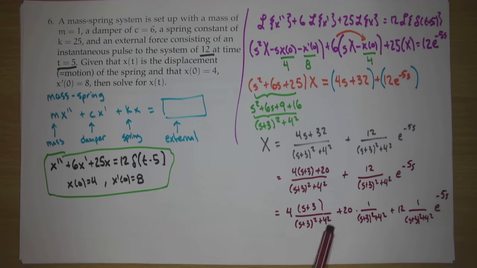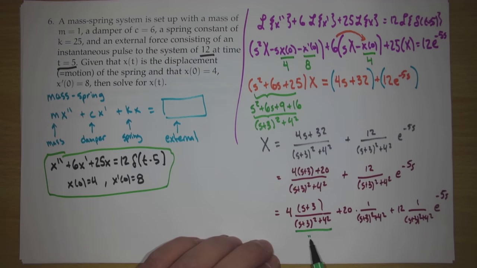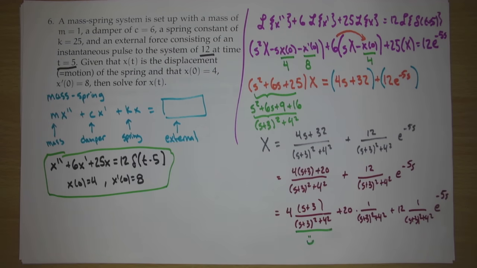Are we happy with the first term? Yeah, we're in a pretty good space. Well, there's some things to talk about, but we're pretty happy. The second term, are we good to go? If we're not, what should we do?